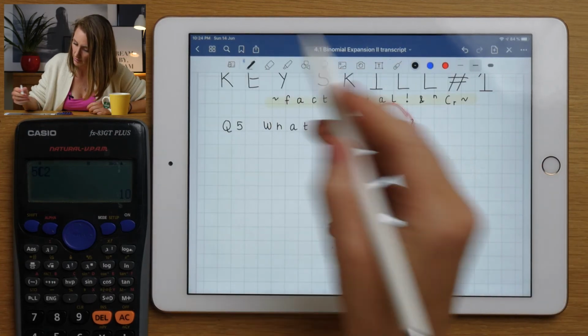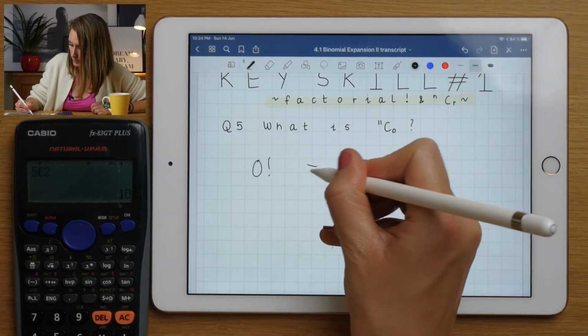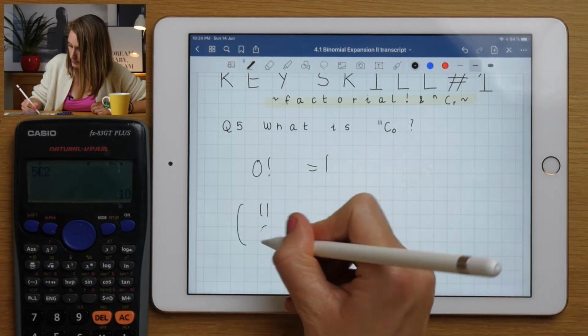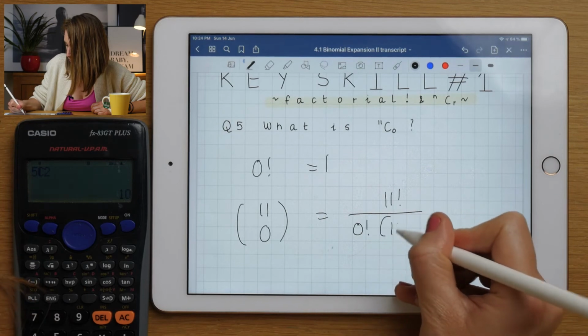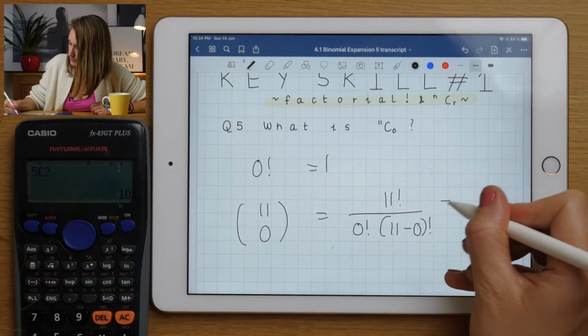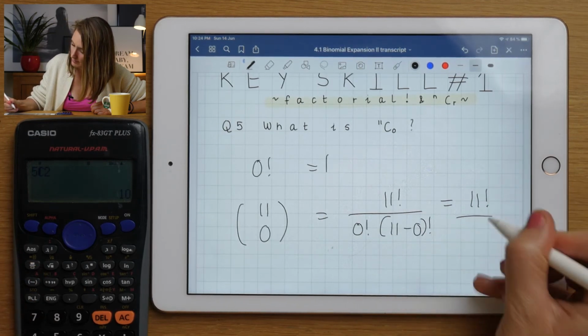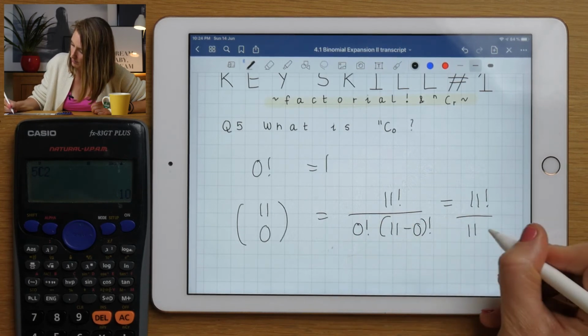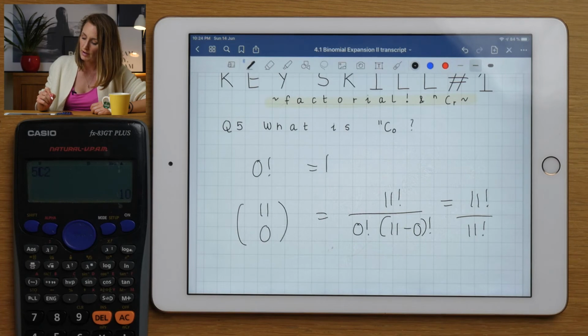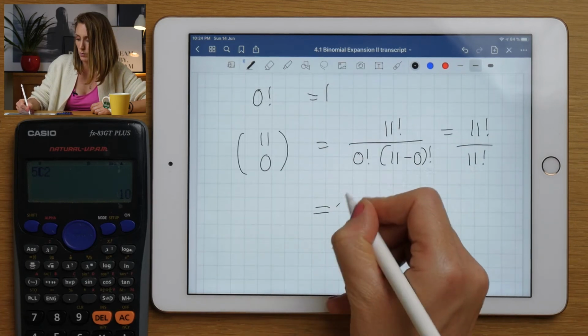To do 11 choose 0, you need to know that 0 factorial is going to be 1. So 11 choose 0 is going to be 11 factorial divided by 0 factorial times 11 minus 0 factorial. Because 0 factorial is just 1, and 11 minus 0 is just 11, we get 11 factorial over 11 factorial, which is just 1.